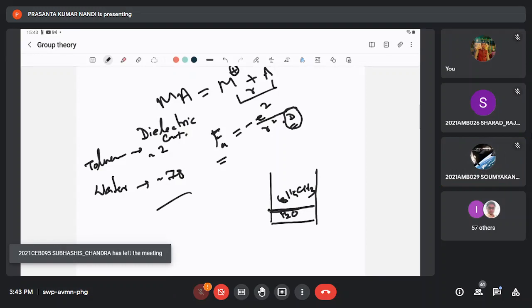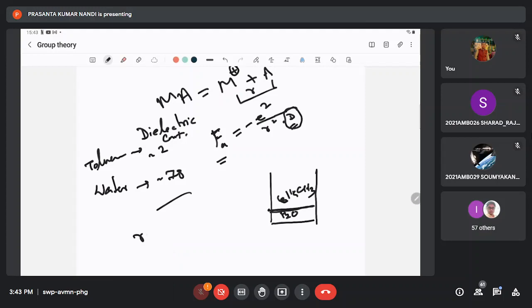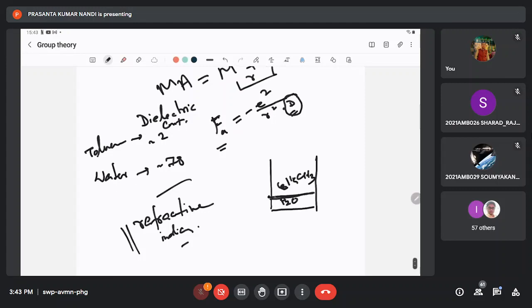It is the refractive index. Due to the difference in the refractive indices of the two liquids, their boundary is clearly visible.